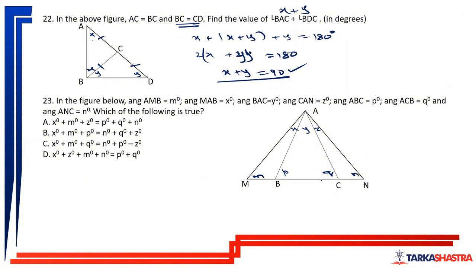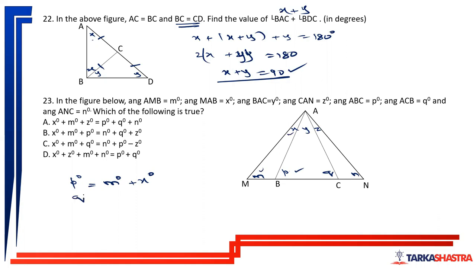Which of the following is true? This is very easy. Angle p degrees will be equal to n degrees plus x degrees. Why? Because the exterior angle of a triangle is equal to the sum of the two opposite interior angles. So this p should be equal to the sum of these two angles.